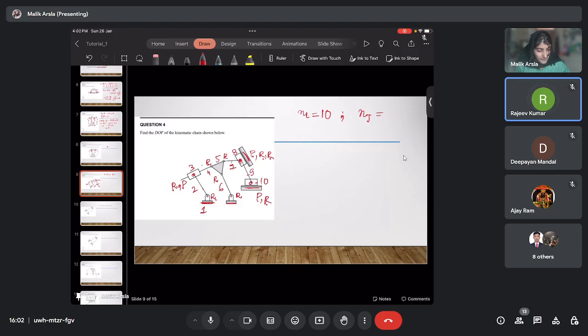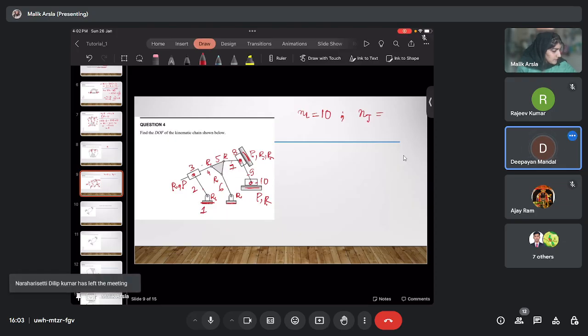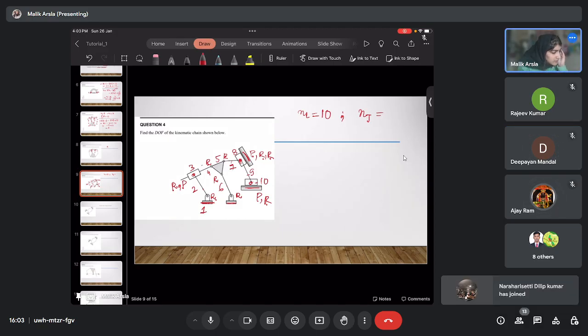12, ma'am. Okay, is it 11? Ma'am, over there where you counted 2R, there should be 3R. The slider? Slider here? Yes, ma'am, on the right hand side. No, I think only 2 should be there.